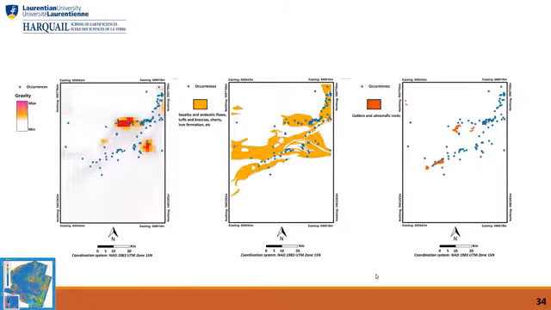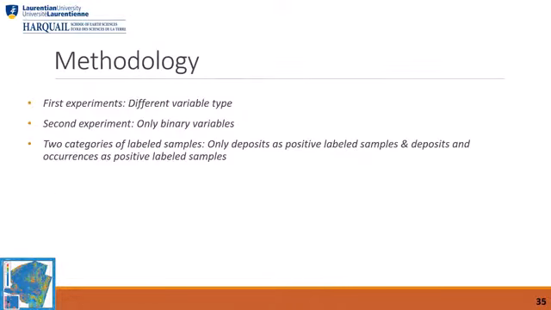So these are some examples of our binary predictor variables that we've used. As I mentioned, we have conducted 2 experiments with different types of evidence layers. The first experiment was conducted with different types of evidence layers, including binary and also continuous layers, and the second experiment was conducted with just binary variables.